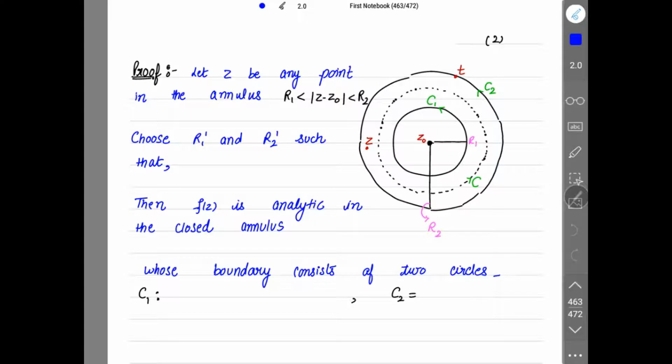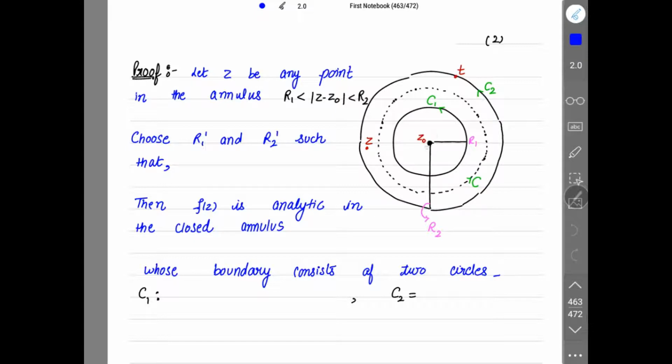Now here is the proof. Suppose I am having the point z0 and I am having this annulus, that is this part between circles C1 and C2. This is your annulus, and we are having two circles C1, C2, and inside I am having the point z0.